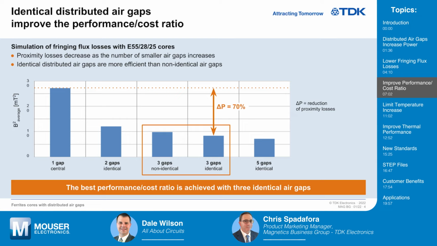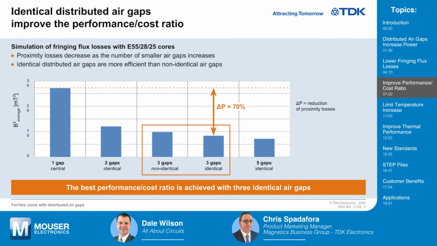So as we start to add tolerances to these different gaps, when we create a gap, it has a certain tolerance. Then when we create three gaps, those tolerances are then stacked by three. And when you create five gaps, then those tolerances start to go up exponentially again. And when we talk about tolerance, we talk about the electrical tolerance of the final AL value.